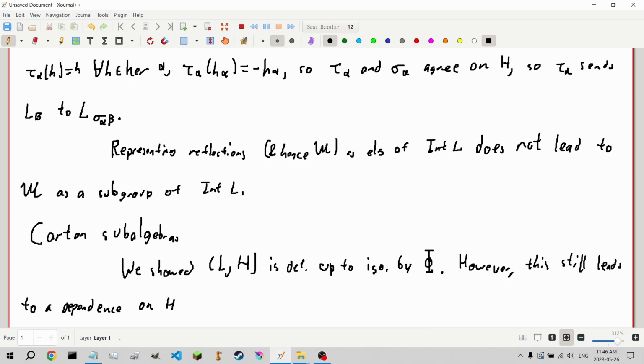Of course, if we have the same maximal torus subalgebra, we're going to get the same semi-simple algebra that is containing it, but the root system is not necessarily going to be the same. So we don't know yet.